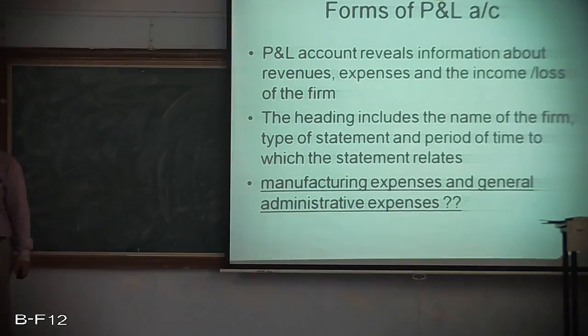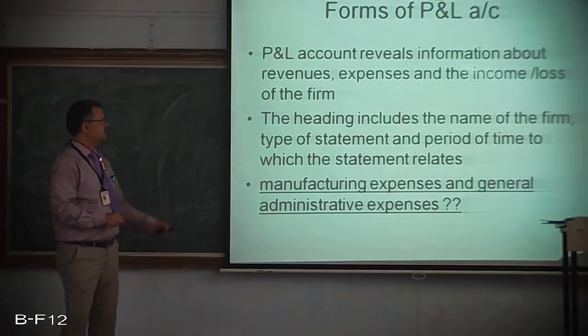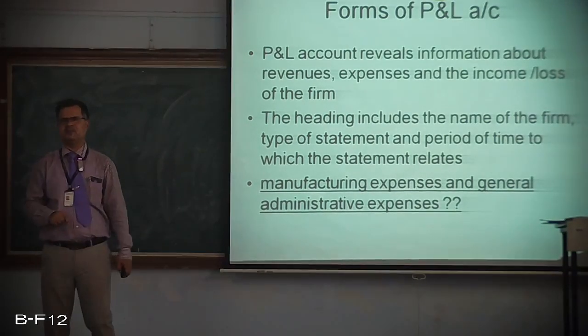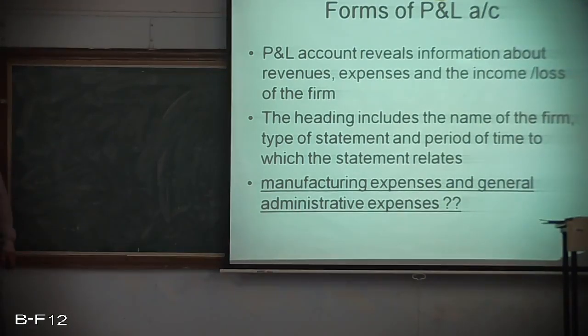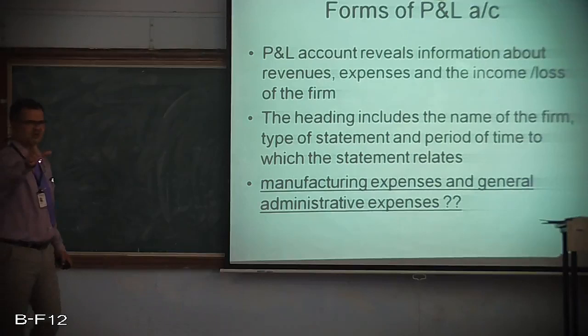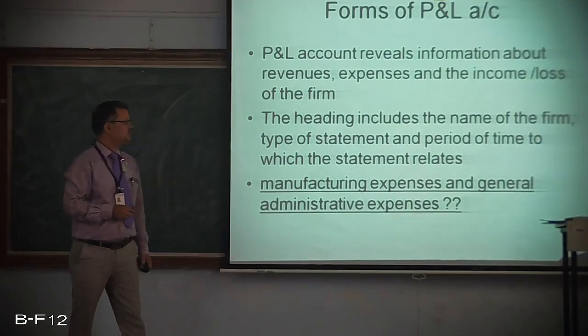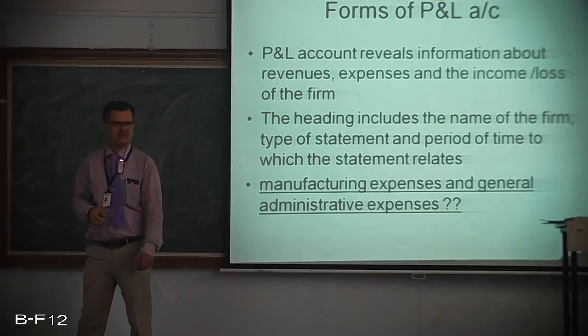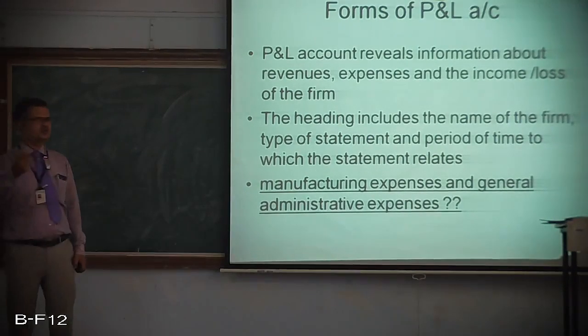One is the name of the firm. Next, the type of statement, whether you are going to prepare a profit and loss account or a balance sheet. Likewise, you have to write what exactly you are showing. And also the period of time to which the statement relates, that is, whether it is for this financial year or a previous year. Those things should be shown.